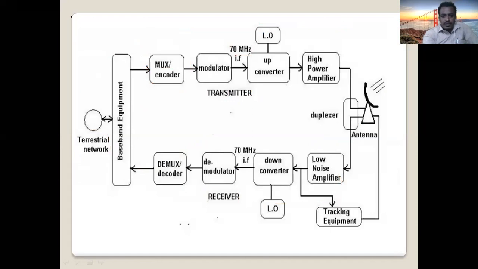So this is our IF frequency. After encoding, then modulation. Now our digital data is modulated on a carrier frequency of 70 megahertz. Now this frequency, 70 megahertz, is a very small frequency. To transmit in satellite for a long distance, we need to step up this frequency into a high frequency.